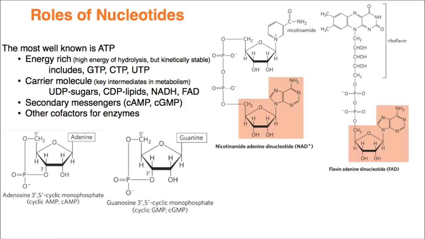reactions. And so as far as the roles of nucleotides, the most well-known, once again, is ATP, but the energy-rich role includes not only ATP, but GTP, CTP, and UTP. Nucleotides can also act as carrier molecules, dealing with NADH and FAD.